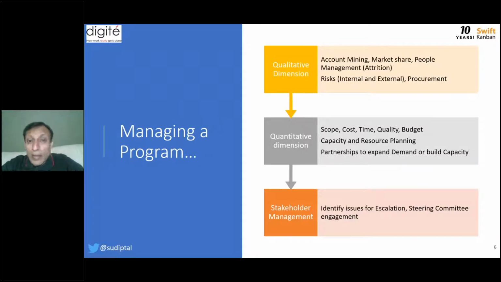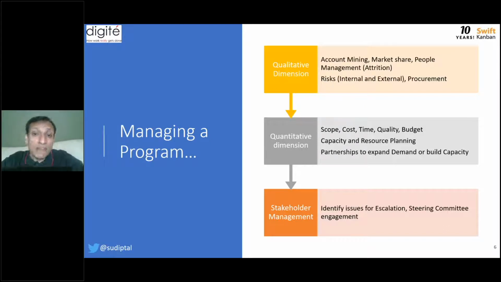A program, in contrast, has a much bigger perspective. So let's say an IT service organization is managing all the insurance projects in a particular geography, let's say across the European region.